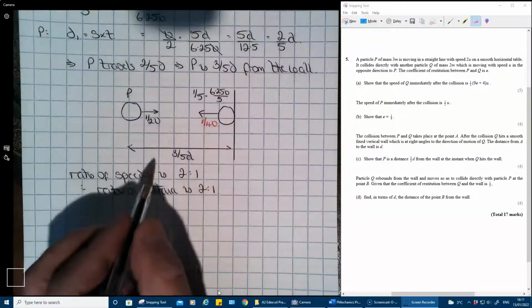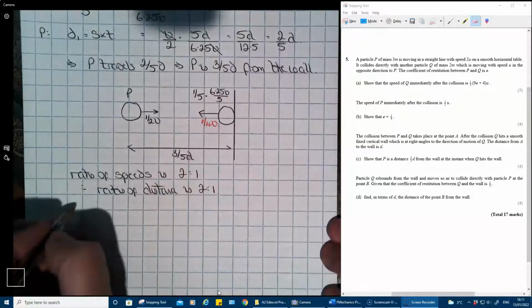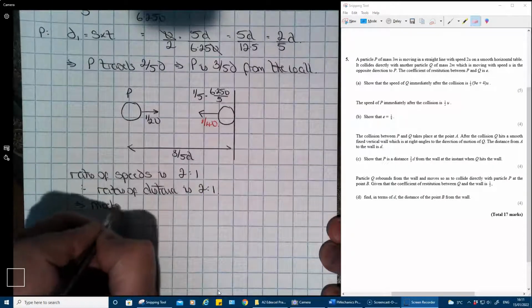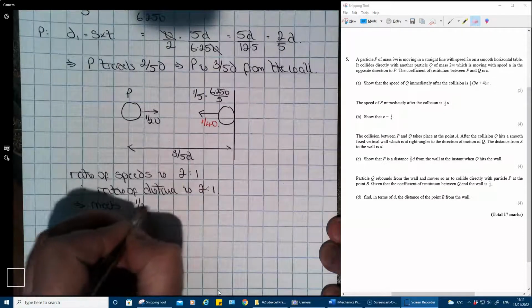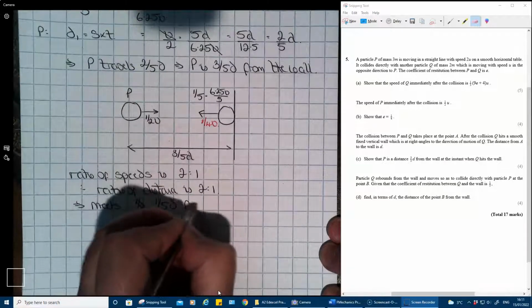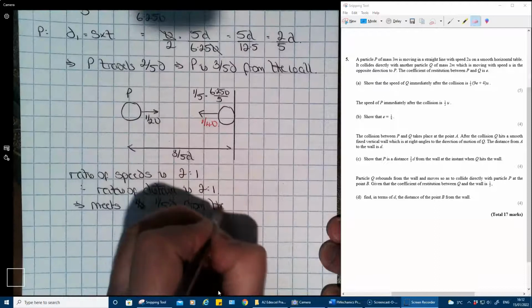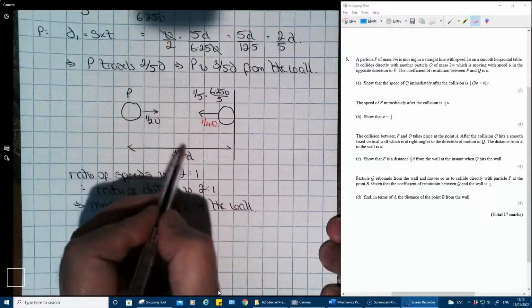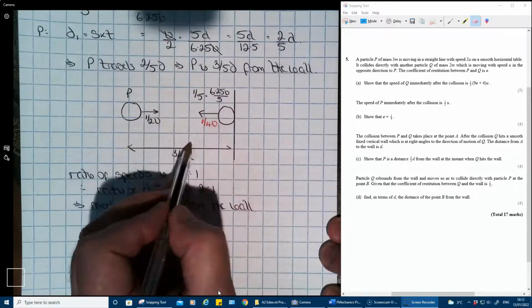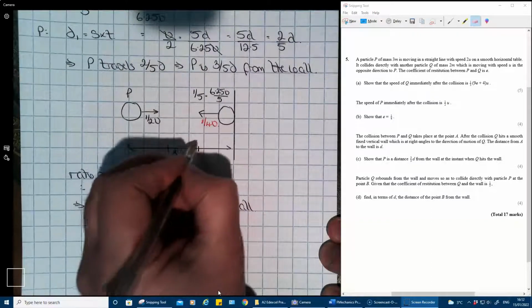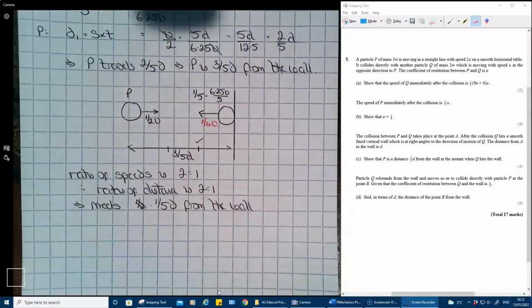And we know it's 3/5, so therefore it meets 1/5 d from the wall. Okay, because this one would have travelled 2/5 in the time this travels 1/5, so therefore it's going to meet sort of here. Okay.